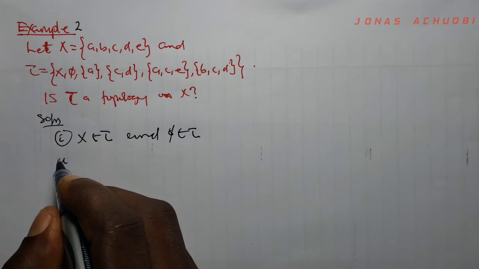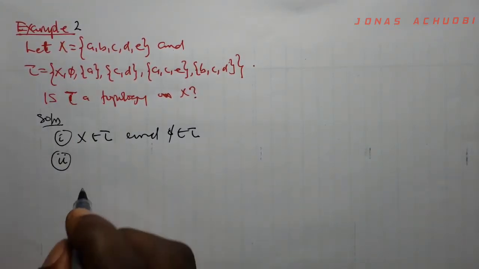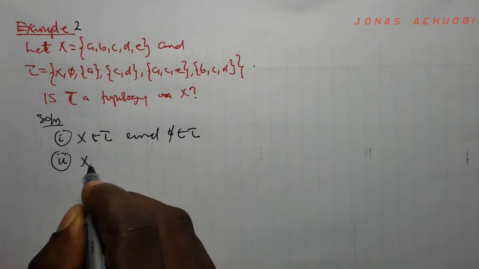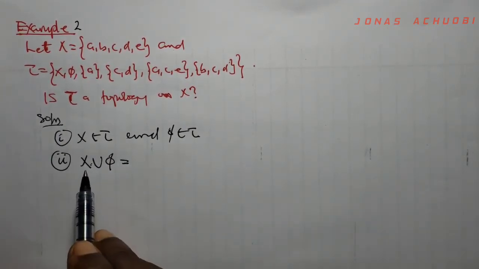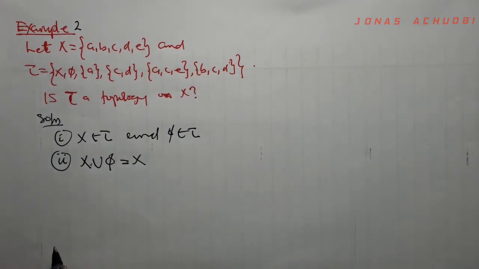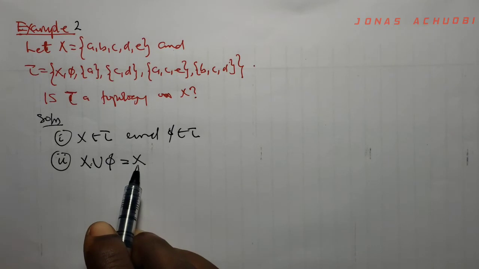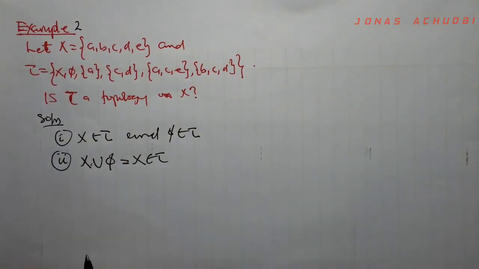Let us check this out. Let us pick the first two, X union phi. If we take the union of a set with the empty set, what will be the result? The result is nothing but what? X, the set itself. And is X a member of tau? The answer is yes. X is a member of tau.